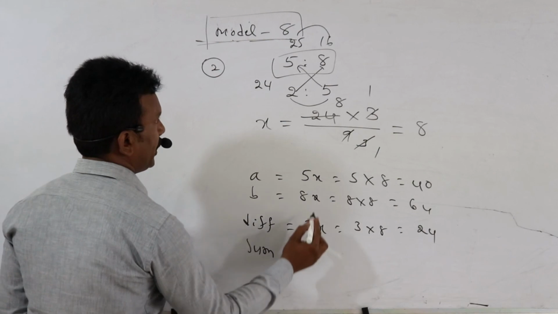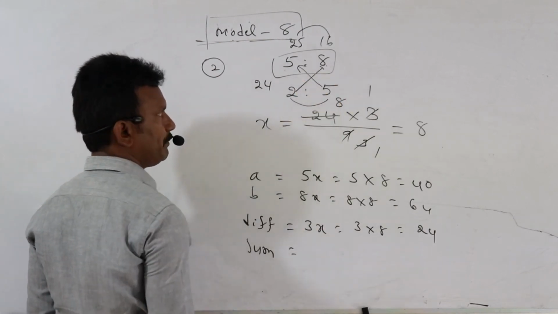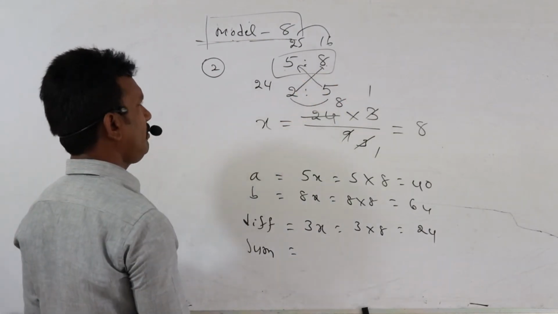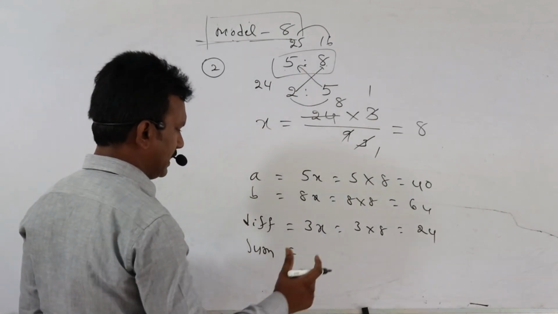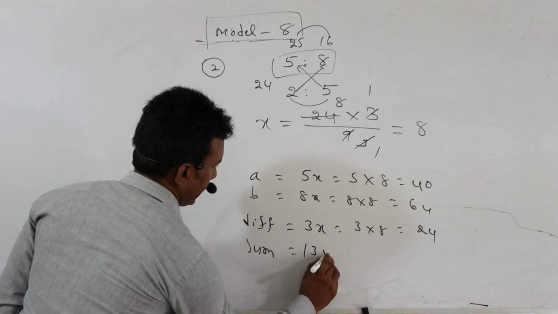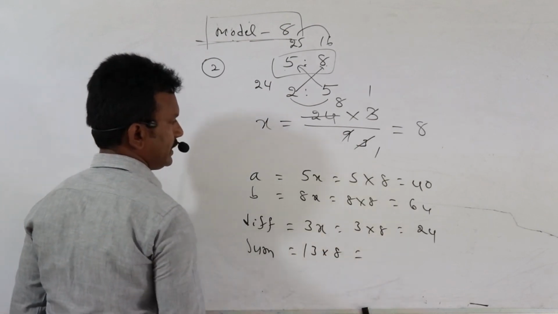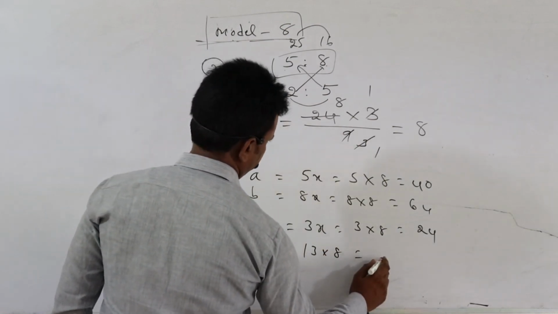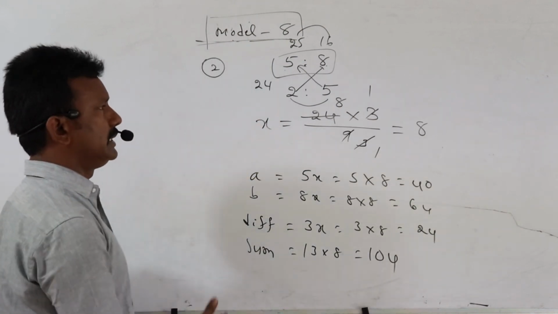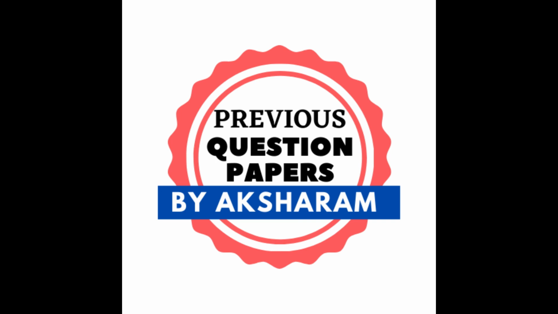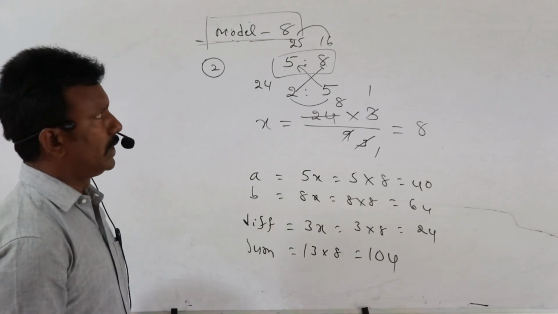Sum of the ratios, 5 plus 8, 13. So 13 parts of sum. So 13 into x is 104. So this is model 8.